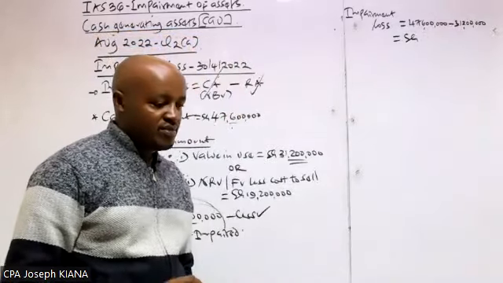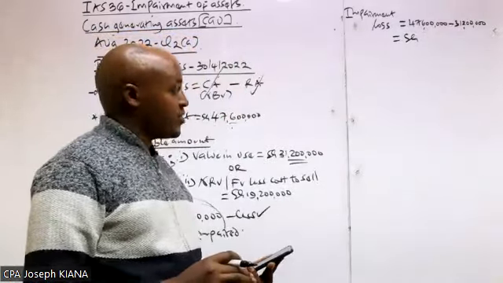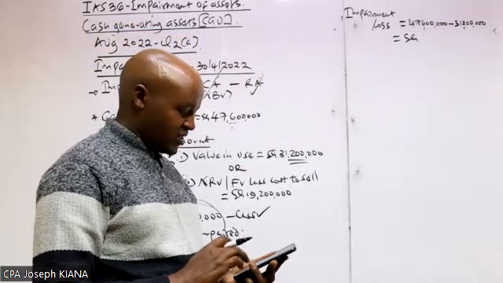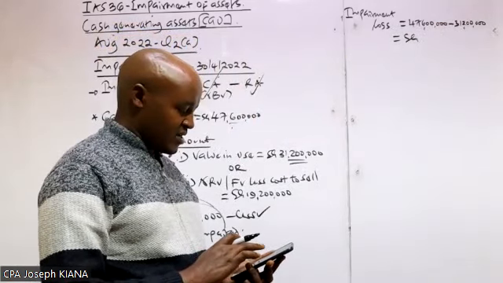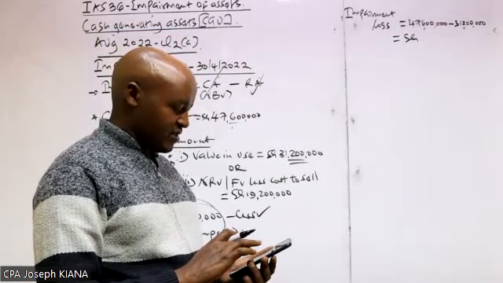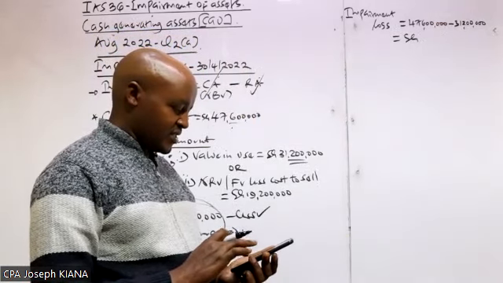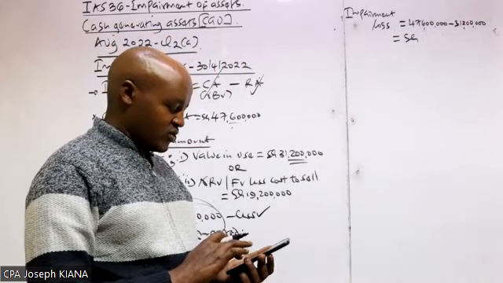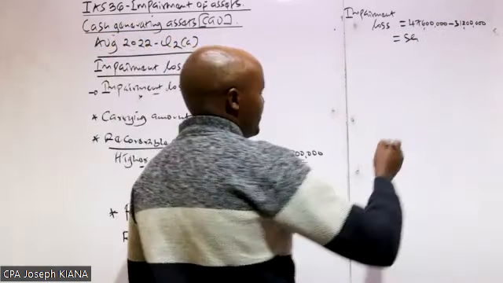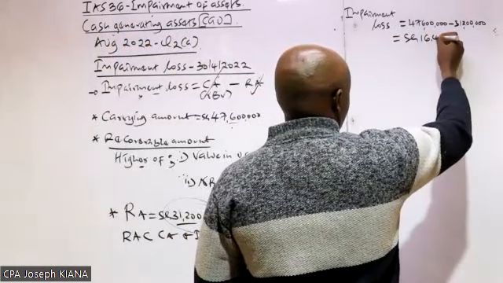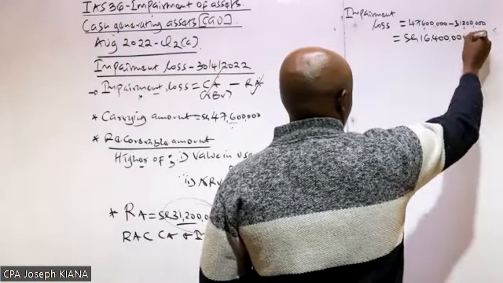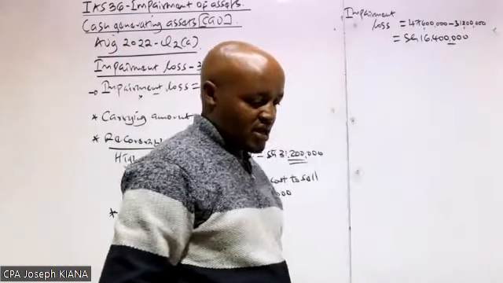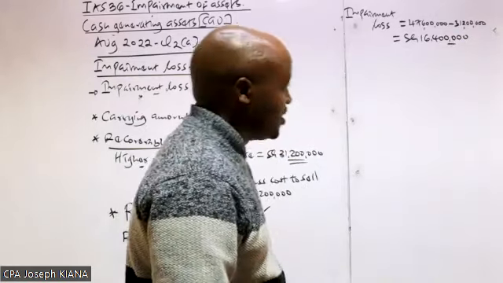So the impairment loss here will be equal to 47,600 minus 31,200, and that will give us an impairment loss of 16.4 million. So that is the impairment loss associated with this particular cash generating unit.